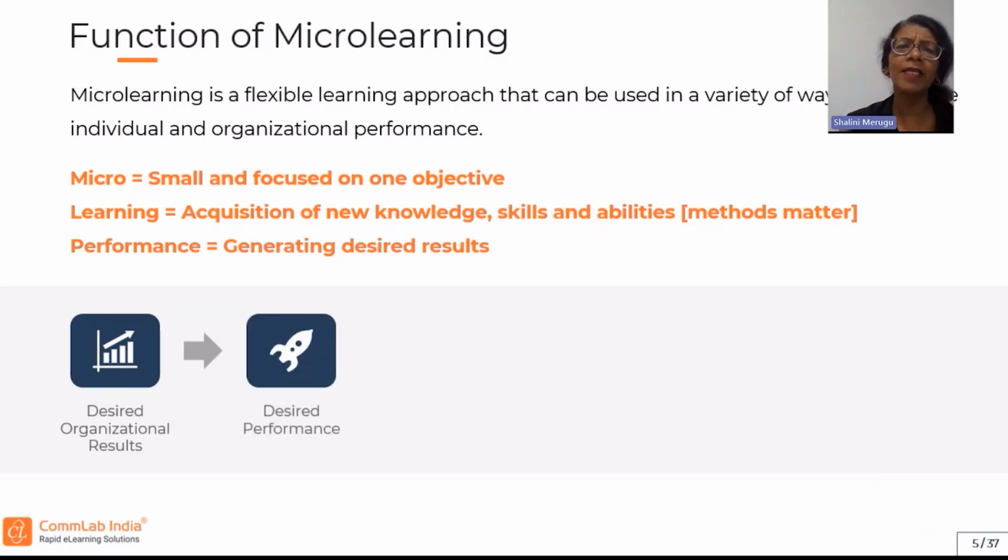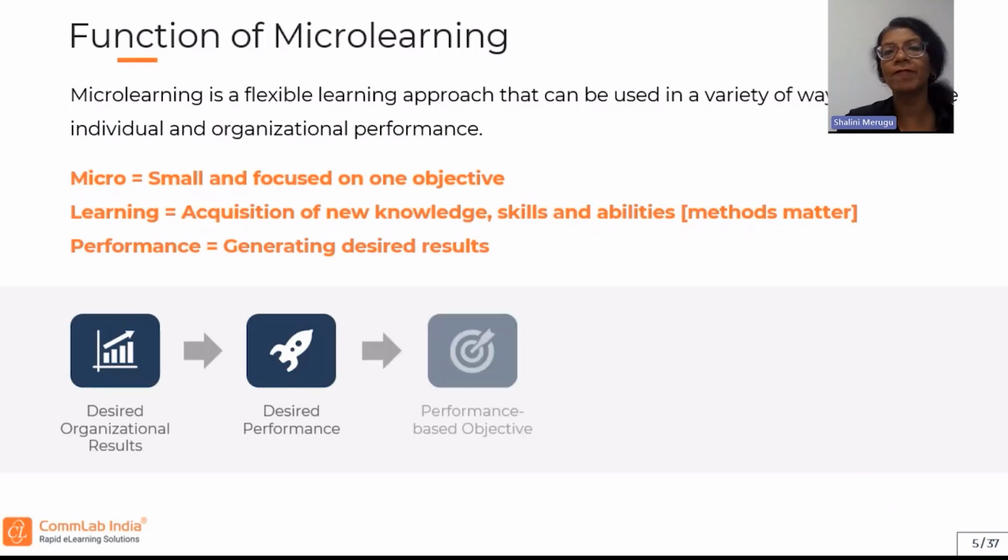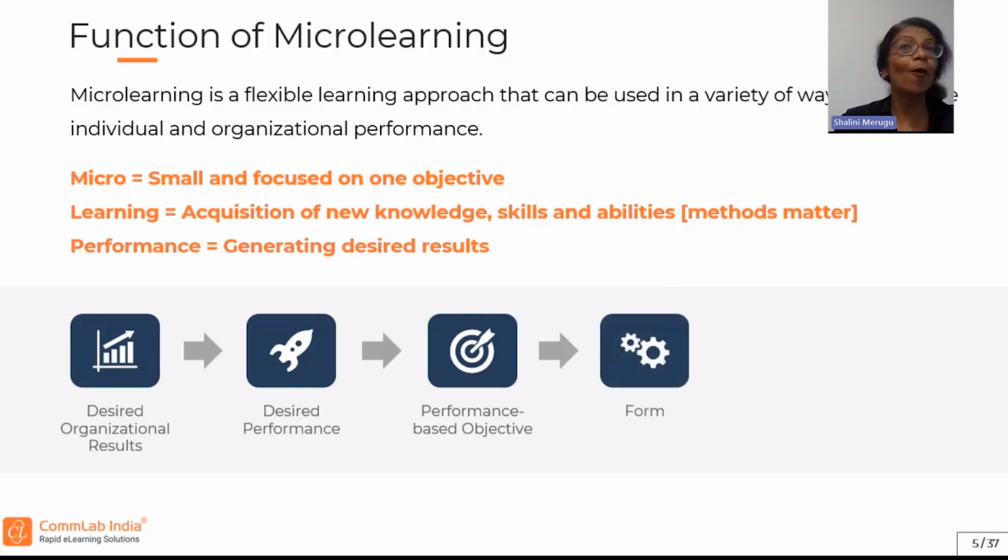What is it you want every employee to be able to do so that they can achieve the outcome that the business is aiming at? And from the desired performance, you have your specific performance-based learning objectives. And it's only once we do this groundwork with the due diligence that it deserves, can we really zero in on the format or the form. So just a quick thing to keep in mind, the form follows the function and not the other way around.